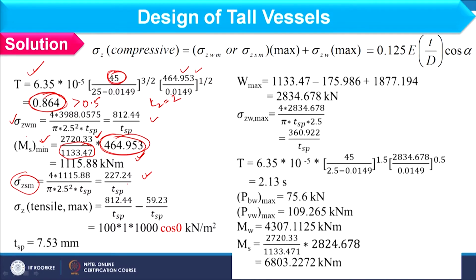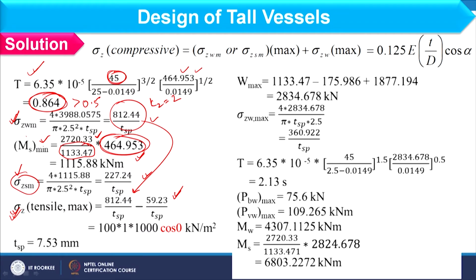So, when we consider the tensile stress expression, we can choose the higher value from this as well as from this. So, we can choose this value, you can see here, and after that we consider the stress generated due to minimum weight, right.